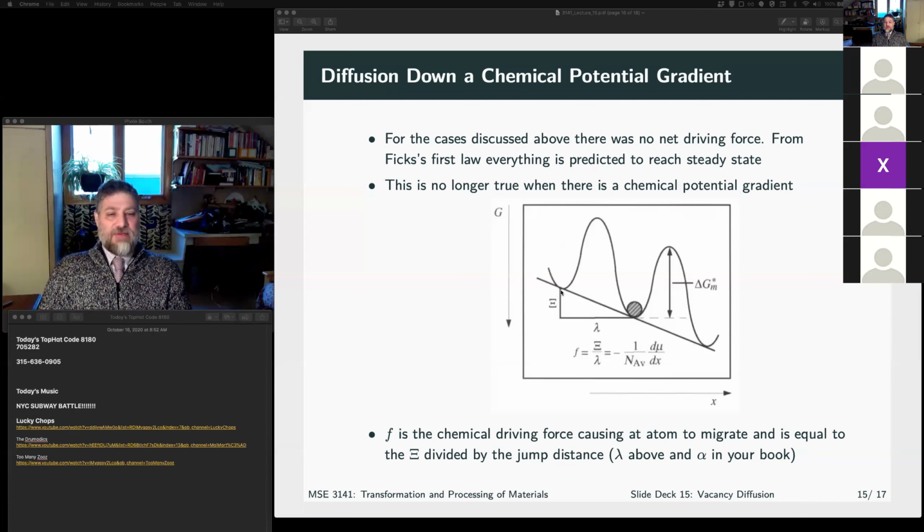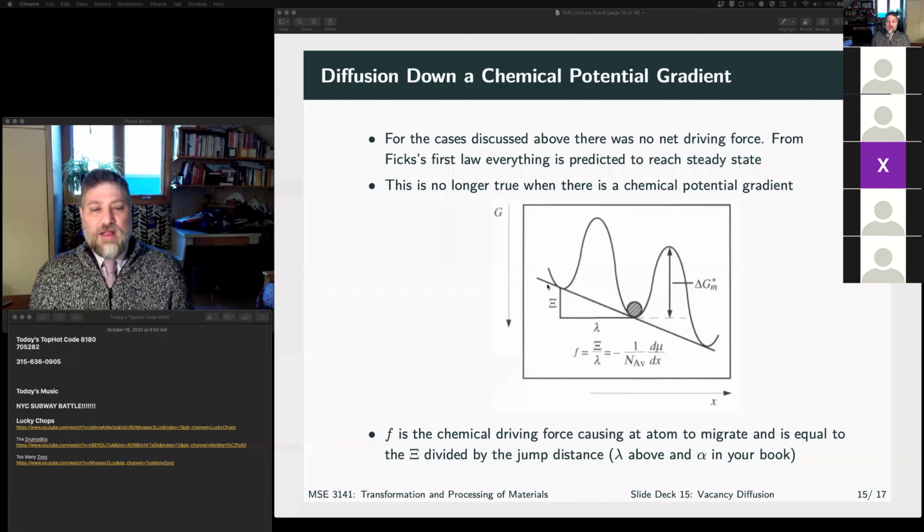And if I have a jump this way, I have a net lowering of my Gibbs free energy, right? If I jump this way, I have a net increase in Gibbs free energy, right? For this particular atom, the per atom free energy.